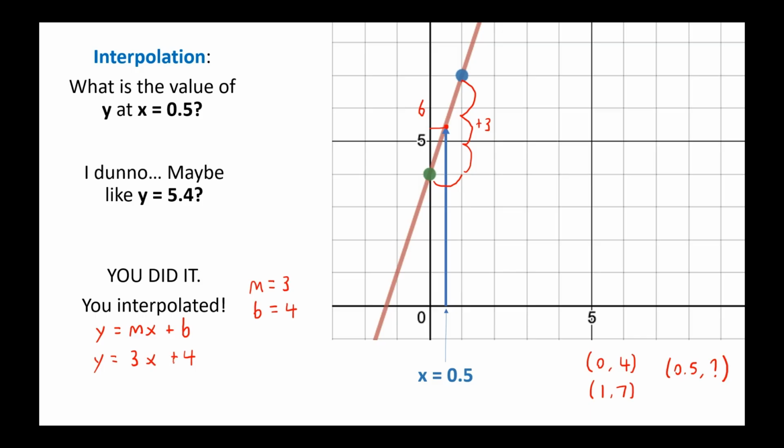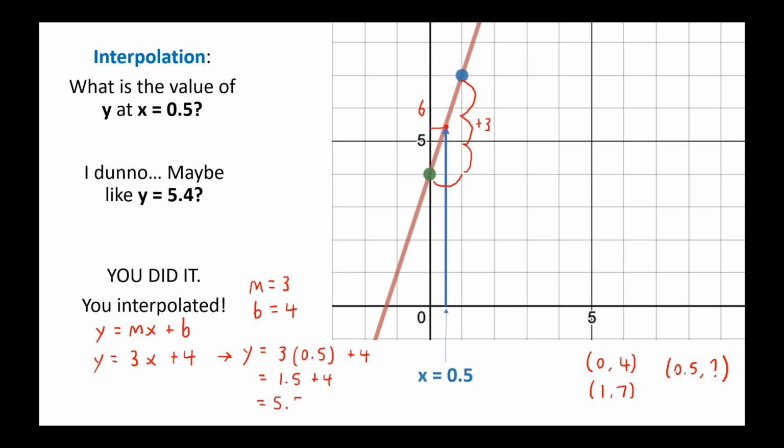Now, if you were to use this equation to solve more accurately for the value of y when x is 0.5, just replace the x with 0.5 and solve. So instead of writing y equals 3x plus 4, I'm going to write y equals 3 times 0.5, and then add 4. 3 times 0.5 is 1.5, and 1.5 plus 4 is 5.5.